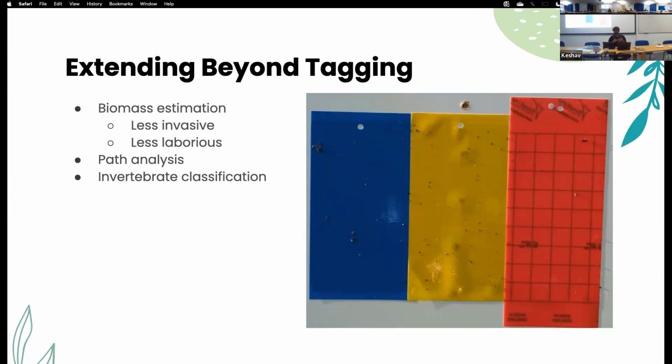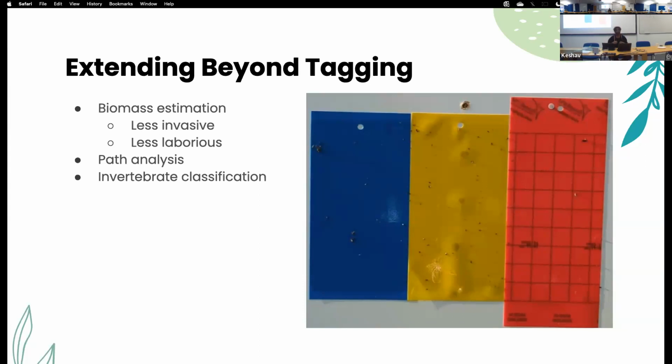Currently, we've talked a lot about the importance of this entomological data, and we've also talked about how advancements in computer vision for this task are very important. And I think likewise it's important to talk about how these methods are extensible beyond just the tagging task.